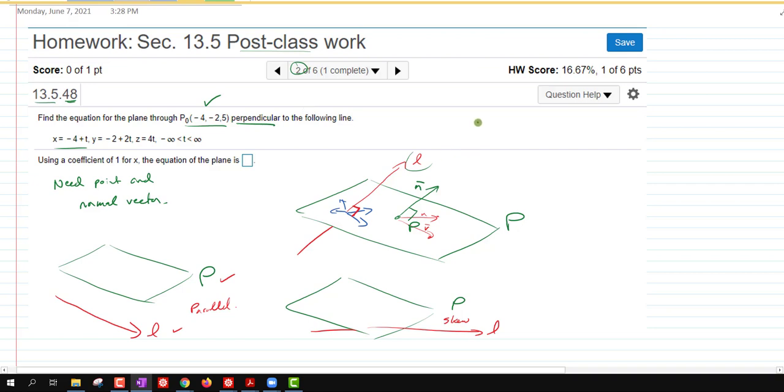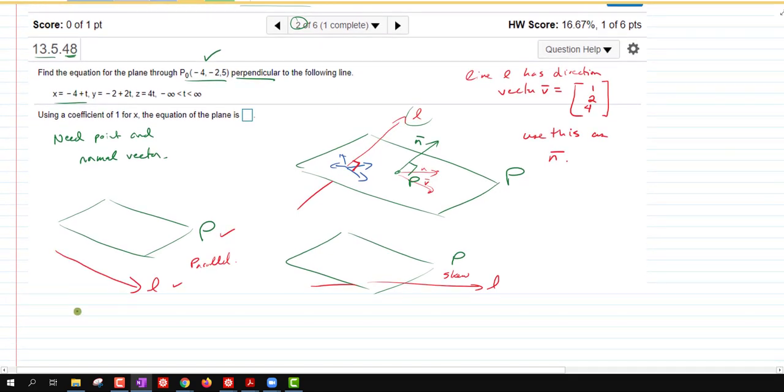So in this case, line L has a direction vector v, which would be the direction vector 1, 2, 4 in this case. So that's its direction vector. And we'll use that as our normal vector for our plane.